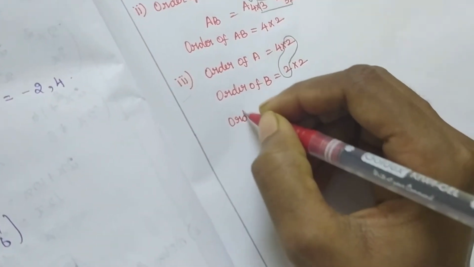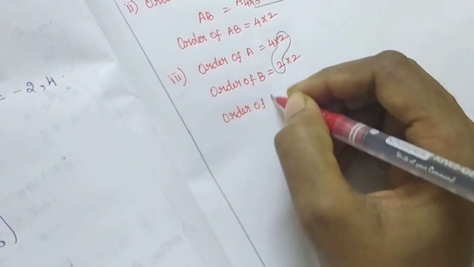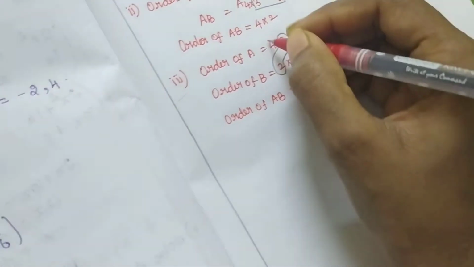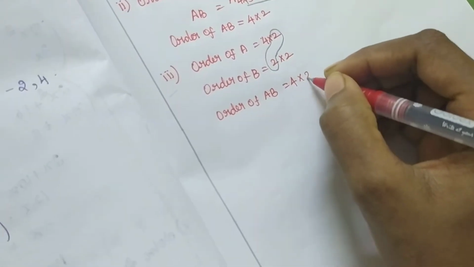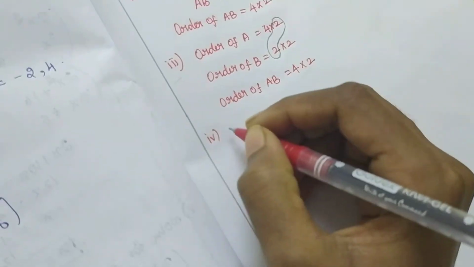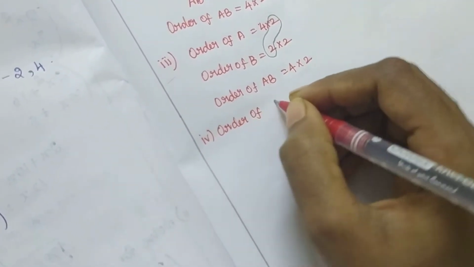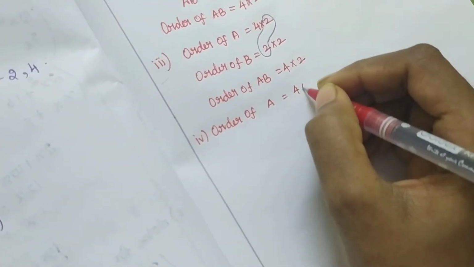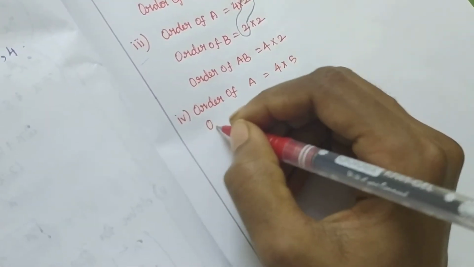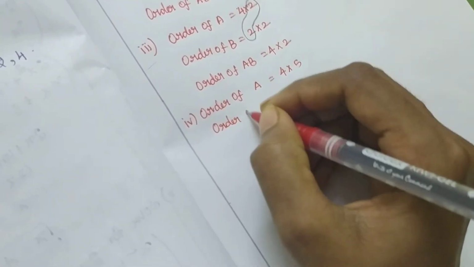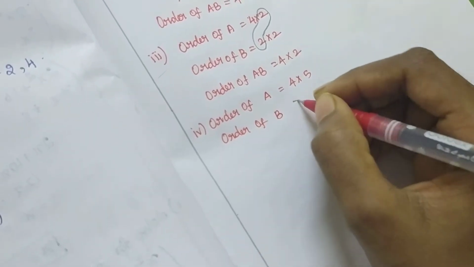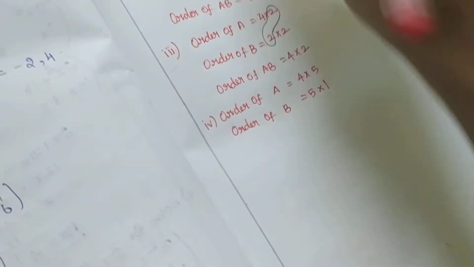So order of AB equal to what? 4 cross. If you are well known about this, you will write like this. Then the same for each and everything. 4 cross 5, it will be easy to write. Okay, so order of B, 5 cross 1.